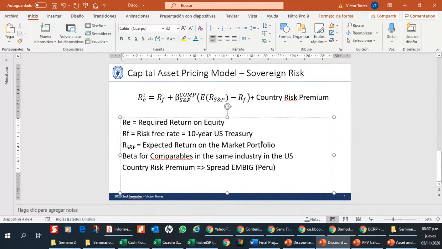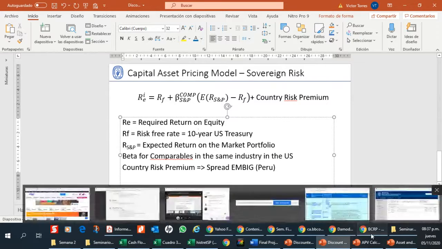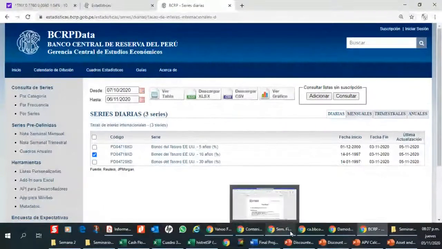In some valuations, you are going to see that some people do opt to use the 30-year US Treasury, right? It's also available here on the Central Bank of Peru.